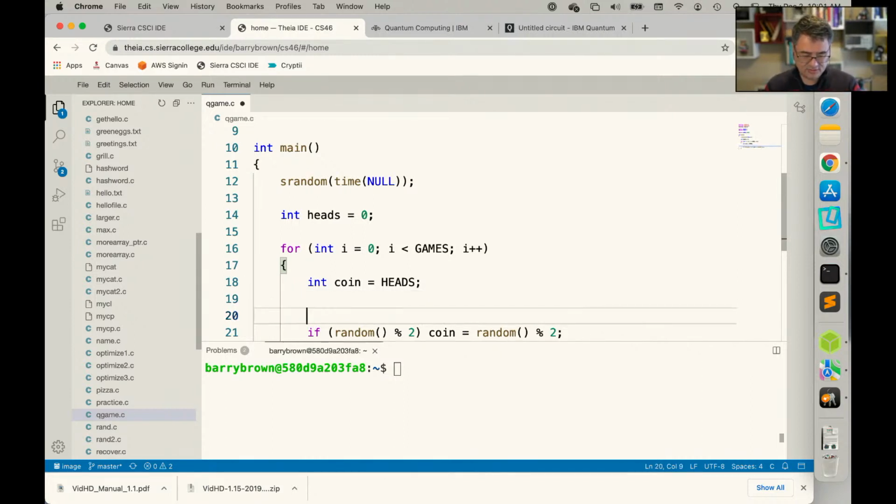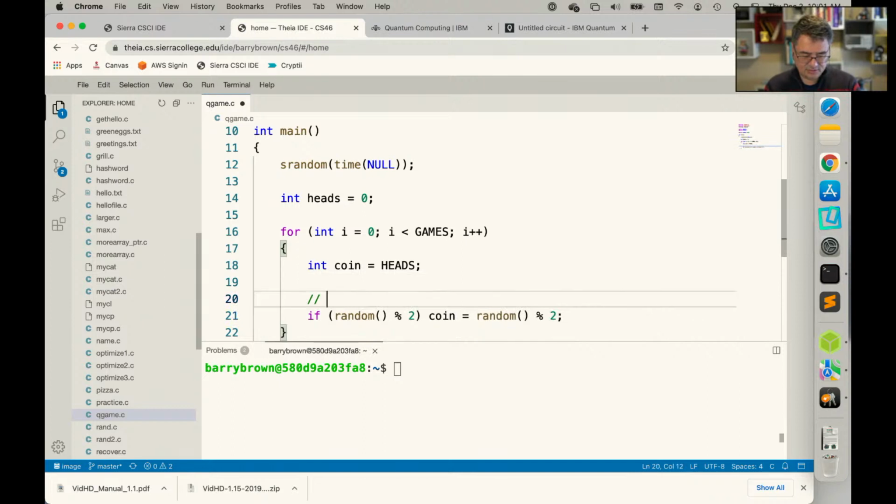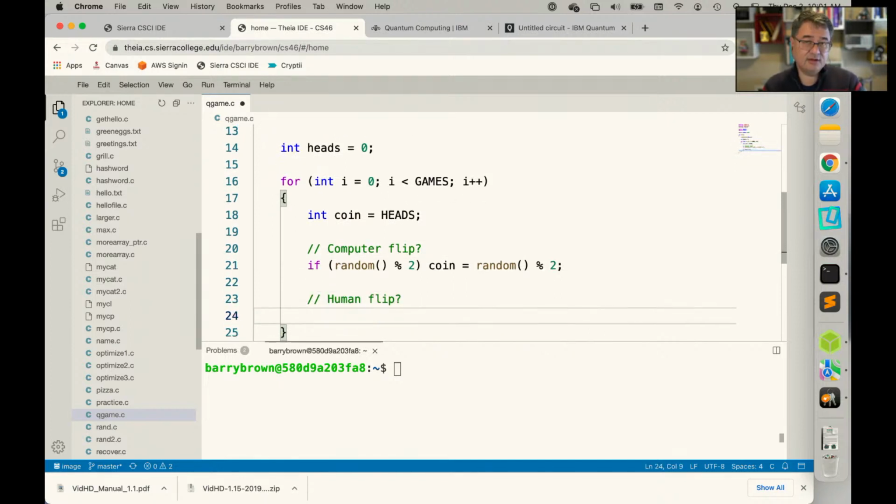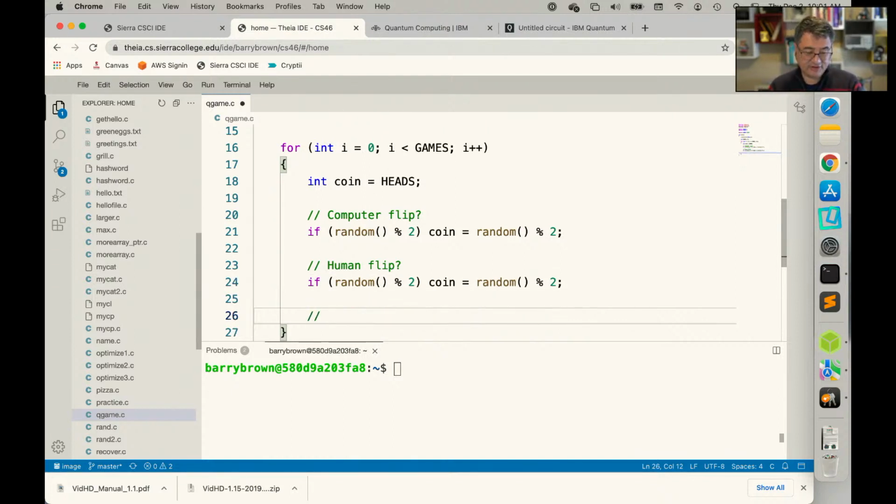So that's the computer's choice. Now the human can either decide to flip the coin or not. So it's kind of the same operation there. And then finally the computer can decide whether to flip the coin or not.